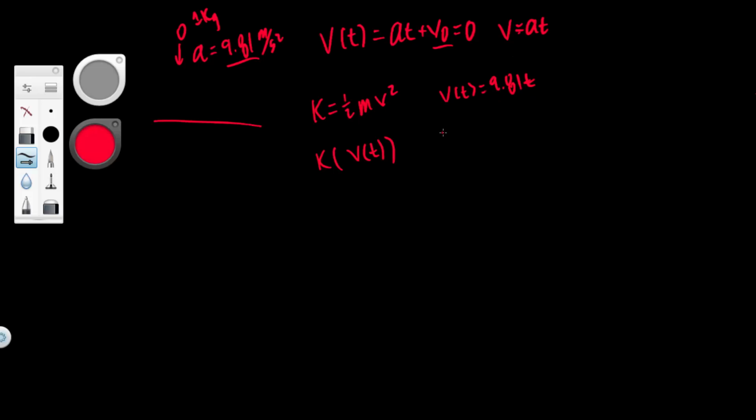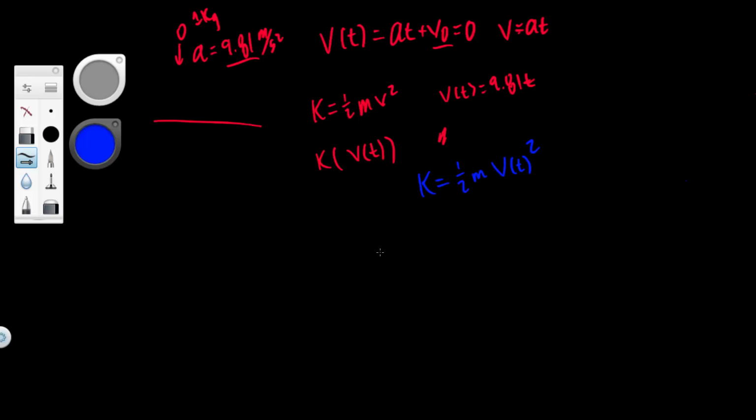So let's write this out further. Switch colors. So the kinetic energy is half times the mass, which in this case is 1. So let's just write it out further, times v, which is a function of time, squared. All right?